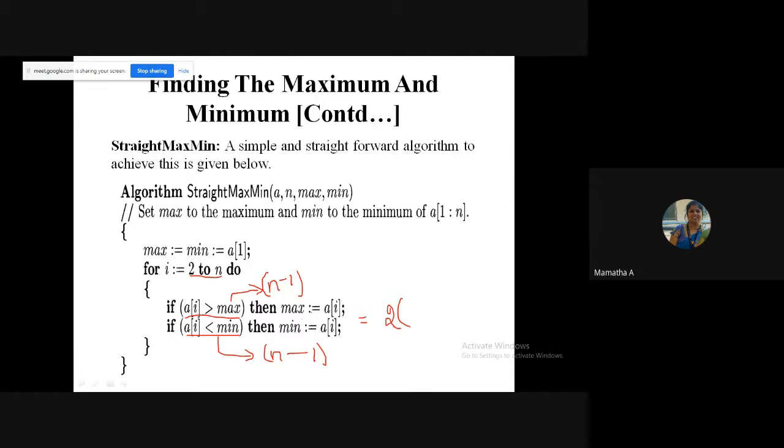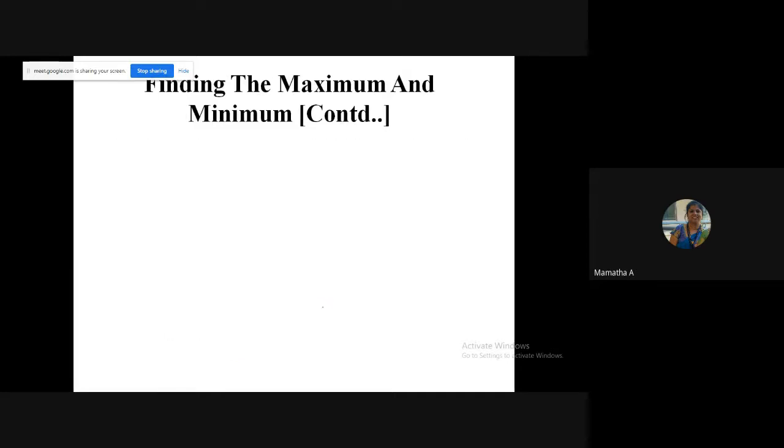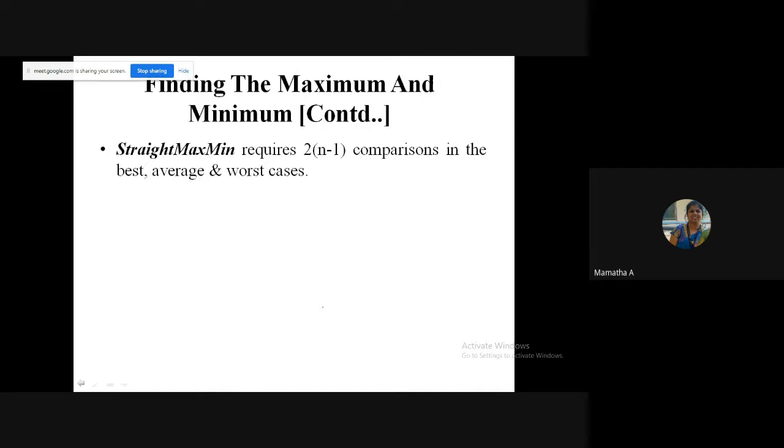Both I am doing one after the other. So what is the time complexity of this algorithm? 2 times of n minus 1 comparisons I will have to do, in all the cases, whatever the case is.